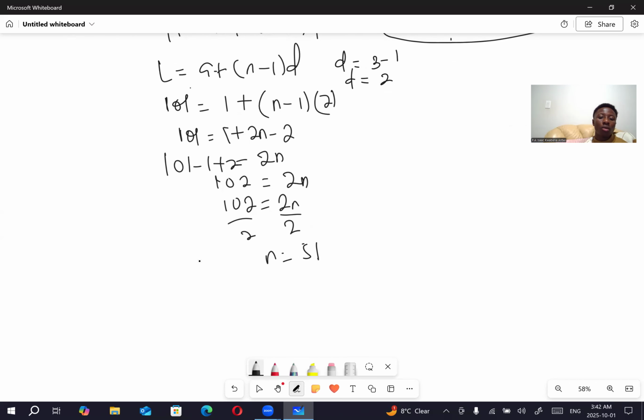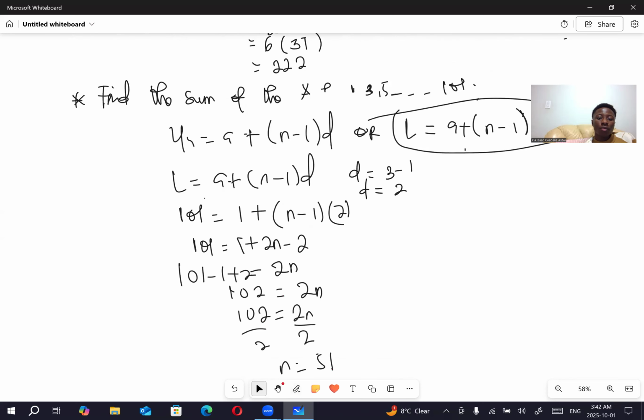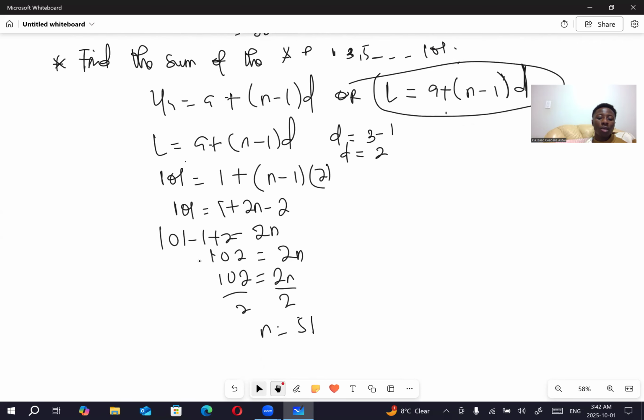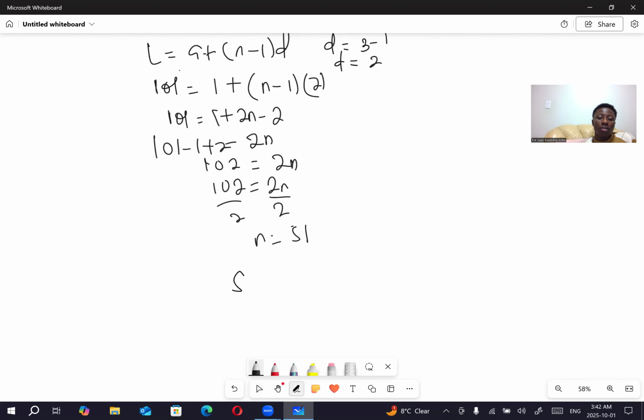Now the question says you should find the sum of the AP. To find the sum, when you have the last term, it's equal to n over 2 into brackets, a plus l. Now n is 51, so that'll be 51 over 2 into brackets.